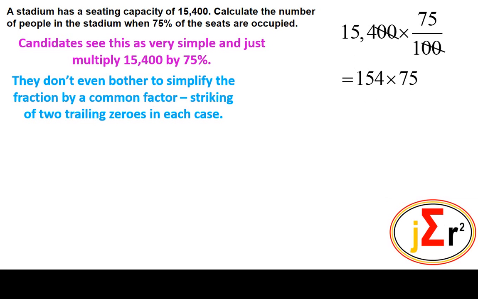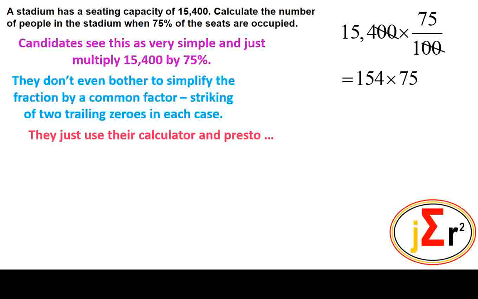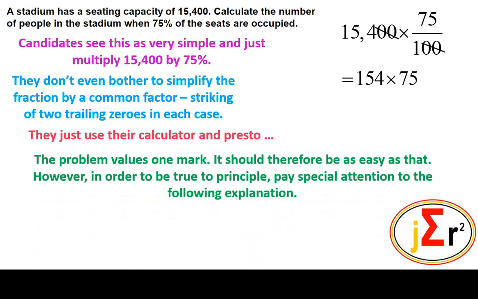So if we simplify by a common factor of 100 in the good old-fashioned way of striking off two zeros in the denominator and two zeros in the numerator, then we just have 154 multiplied by 75, which they just use their calculator and presto, the answer is given.